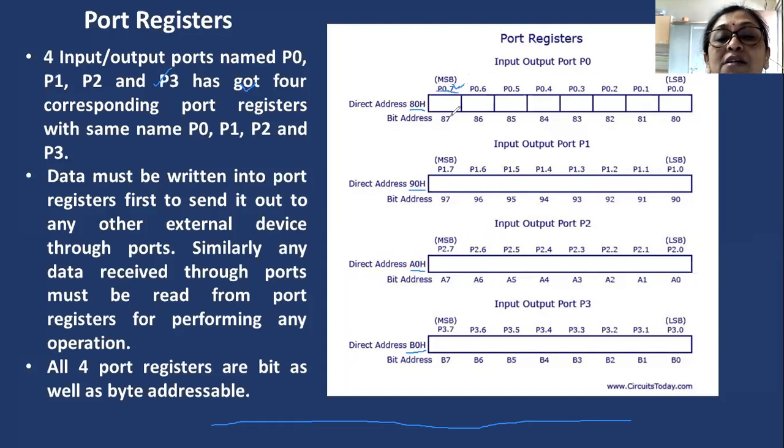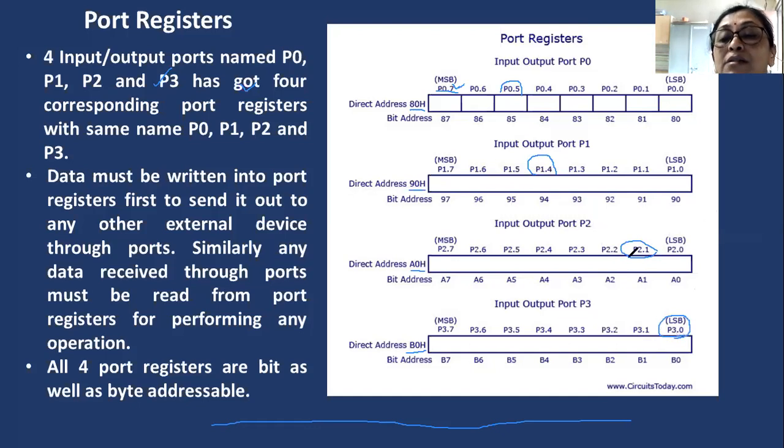It is like this: P0.1, P0.6, P0.5. What is the meaning of P0.5? The fifth bit of port 0. Similarly, the fourth bit of port number 1. The first bit of port number 2. The 0th bit of port number 3.